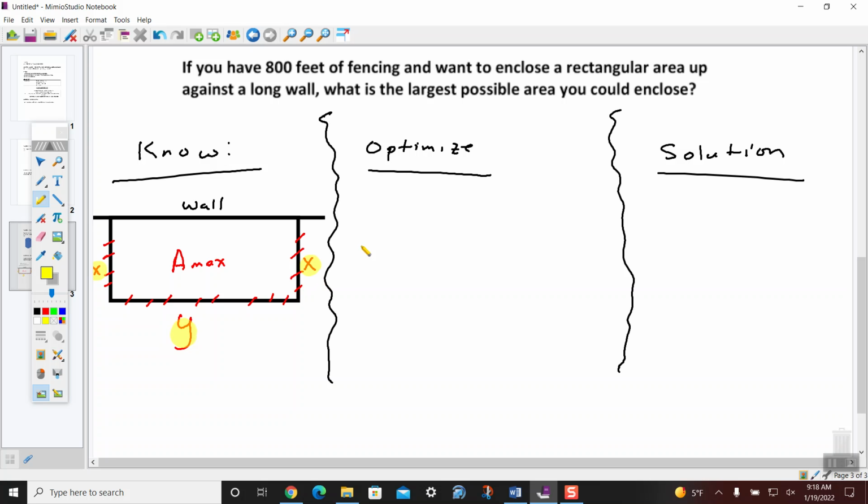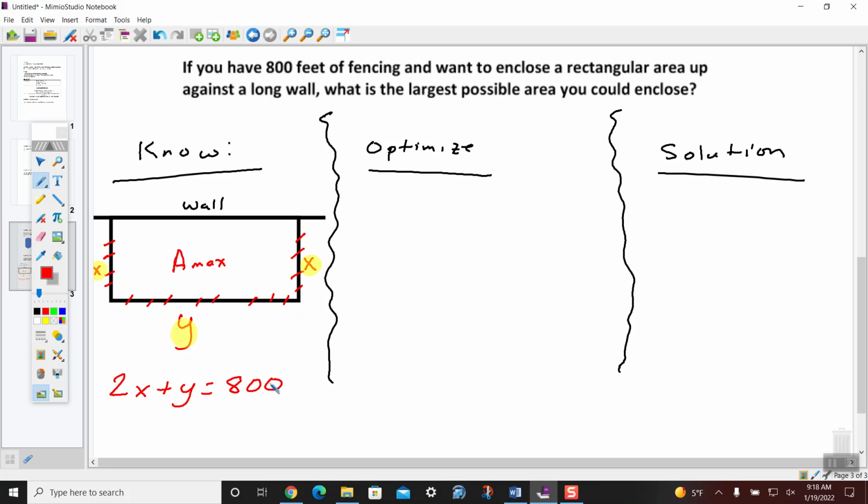Okay, guys, in terms of what we know based on our sketch, is there an equation we could write given the length of the fencing on 3 sides? What would the equation be? 2x plus y equals 800. 2x plus y must equal 800. Show of hands, how many agree with that? Now, we've got the stuff set up that we already know.